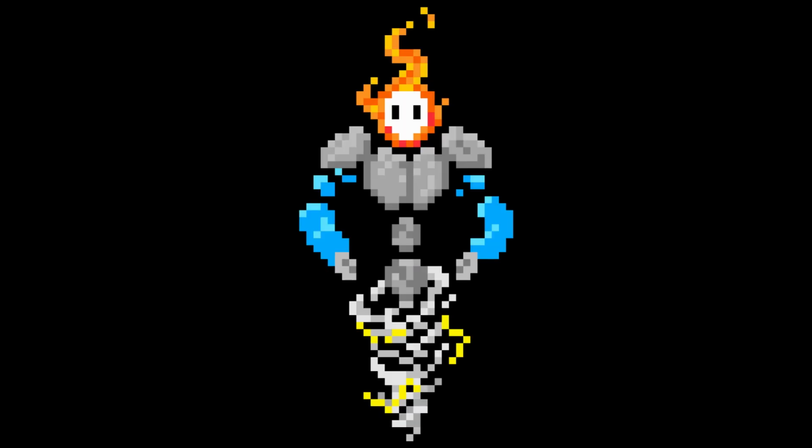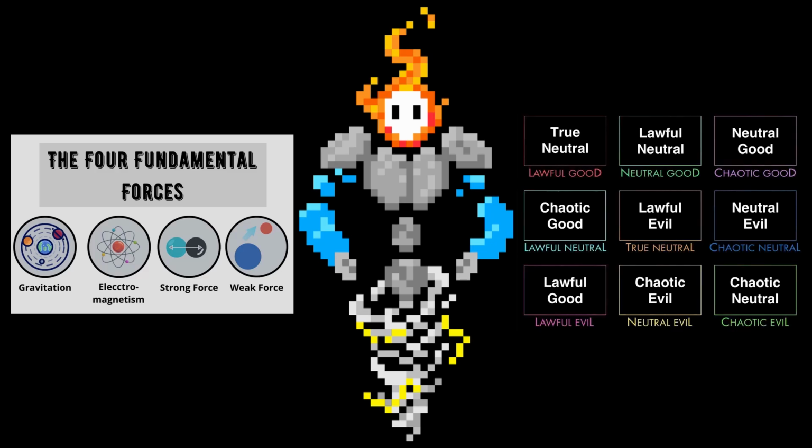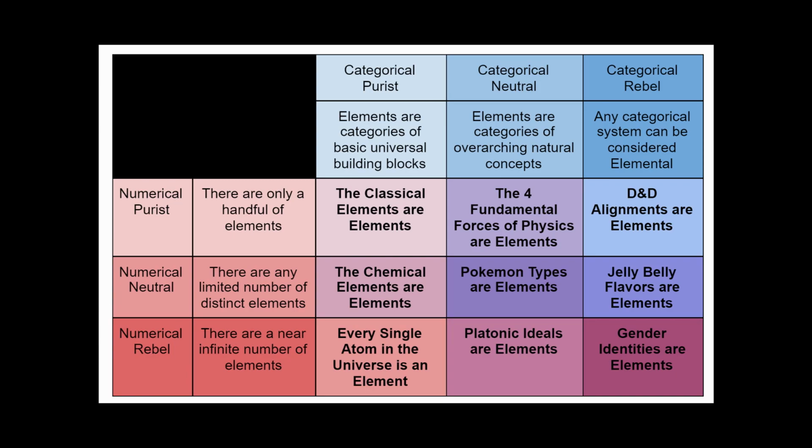I can see why someone might consider the four fundamental forces of physics to be elemental, or how the D&D alignments are more metaphysical divisions of constant universal themes akin to elemental forces. However, when simultaneously shifting towards the rebel stance along both axioms, the resulting position includes systems that are largely unrecognizable to the original purist stance.